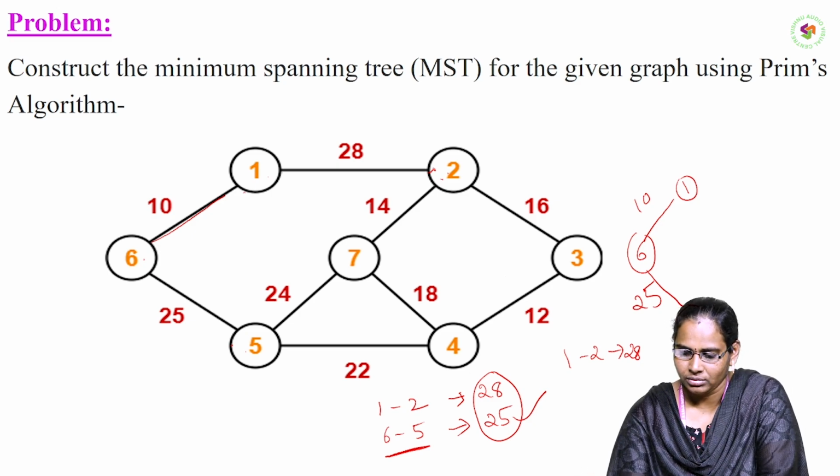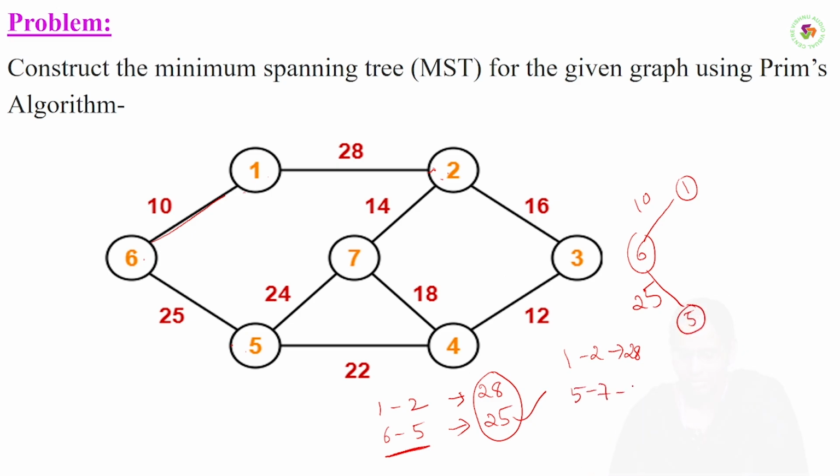Now 5 to 7 is there with 24 cost, 5 to 4 is there with 22 cost. Now among all these three, which one is having the minimum cost, that will be selected to form an MST. So 22 is the minimum cost with the edge 5 and 4. So 5 and 4 with the cost 22.